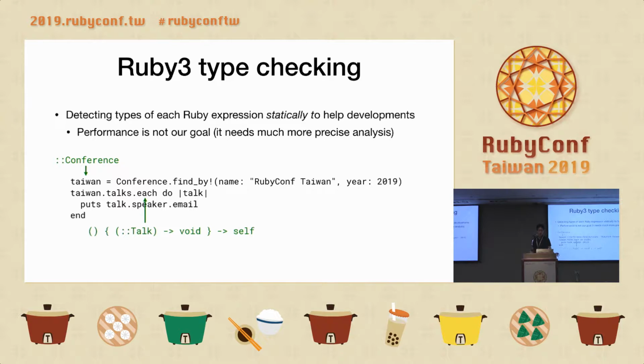It takes a block, and the block will receive a top object. And each method returns itself. Or is the type of talk.speaker.email a String? So using type checkers, we can reason about the properties of the program without execution.